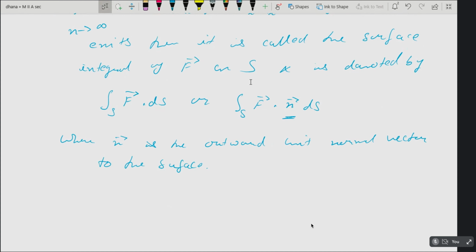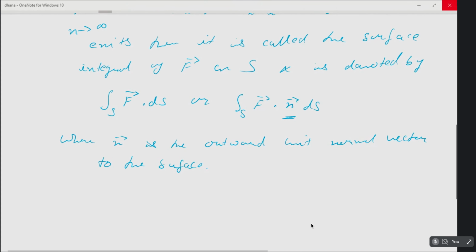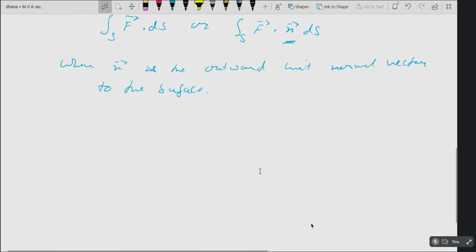If I give some surface phi of xyz, can you find the unit normal vector? Please answer, anyone. You have already learned this in the 4th unit itself. Now we are in the 5th unit.